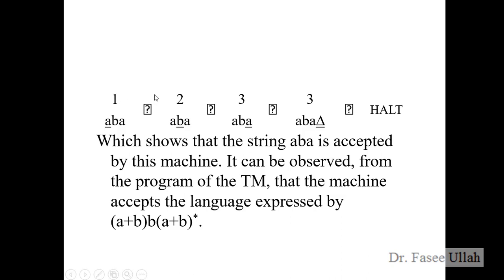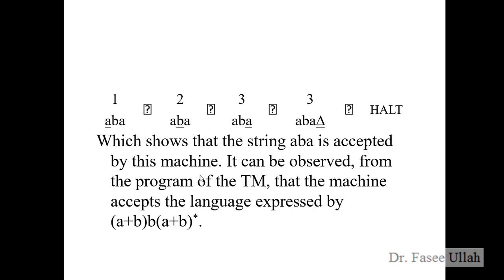So we have start, second state, third state, and before reaching the halt state we have to read the empty string. We will know this from the diagram. So finally it will stop over here, which shows that the string AB is accepted by this machine. It can be observed from the program of the Turing machine.